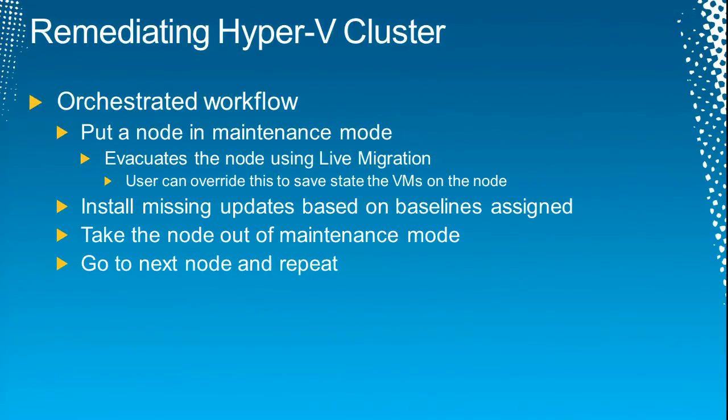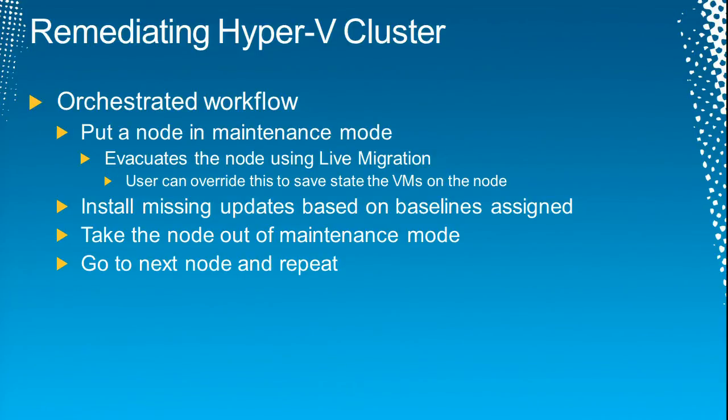Maintenance mode itself live migrates off the machine, puts the host into maintenance mode. Unlike in VMM 2008, where we didn't pause the cluster node with maintenance mode, in VMM 2012, in maintenance mode, we actually do pause the cluster node. So it will not be available for placement, and it's a paused node.